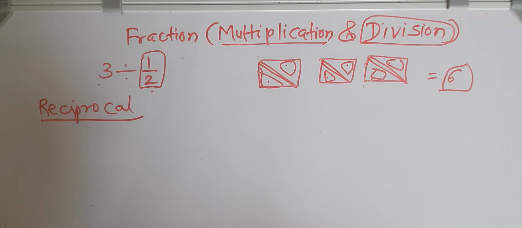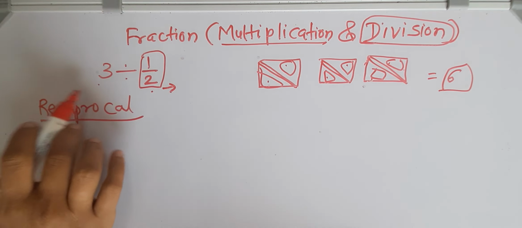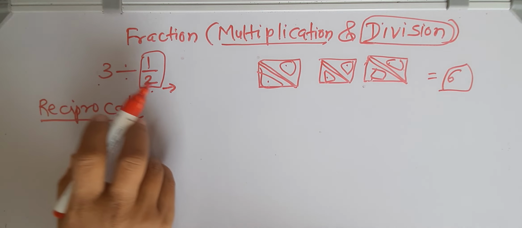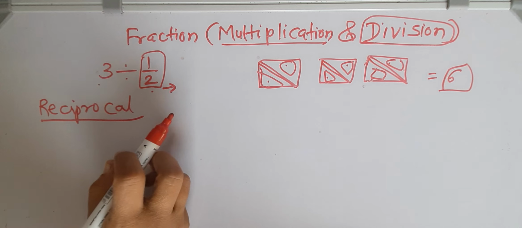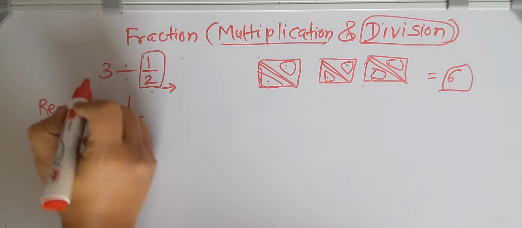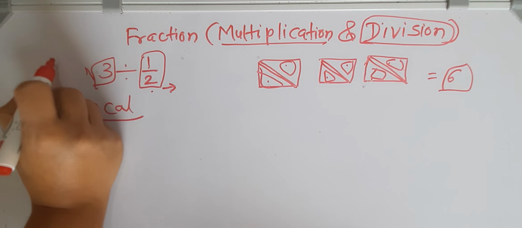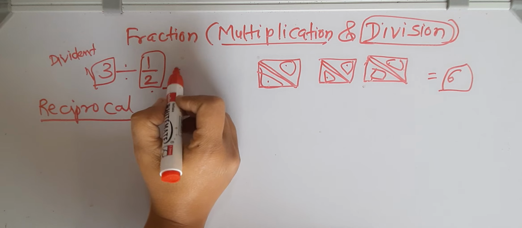So always find the reciprocal of the divisor. We are dividing 3 by 1 by 2, so 1 by 2 is the divisor here. Find the reciprocal of the divisor and then multiply it with the dividend. In this case, we have 3 as our dividend because we are dividing this number, and 1 by 2 as our divisor.